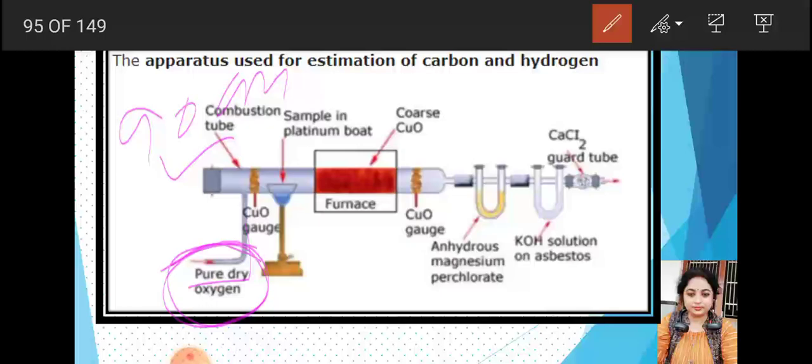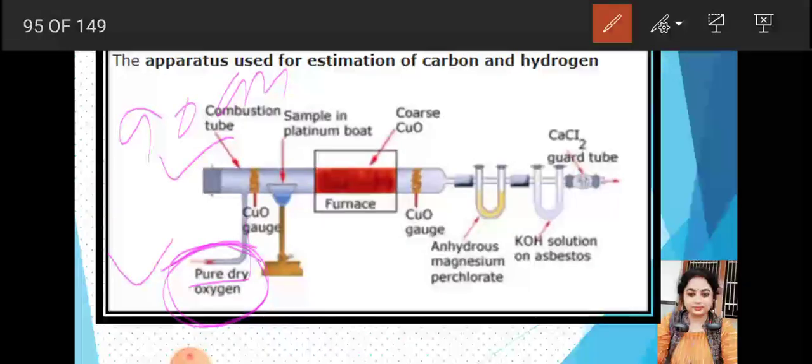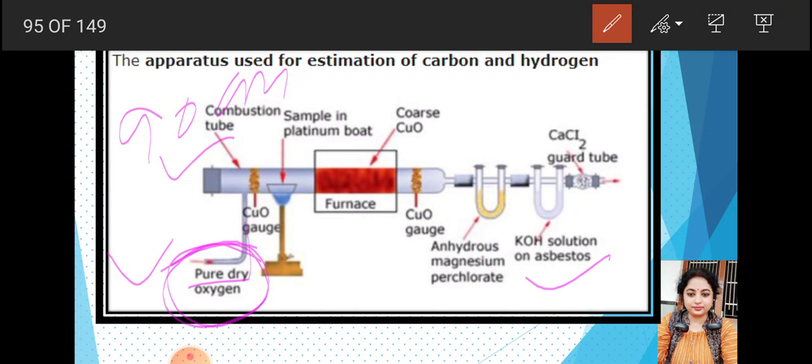One end is connected with the oxygen supply and the other with the absorption apparatus, the third unit. At the left end, an oxidized copper gauze is placed, followed by a porcelain boat.